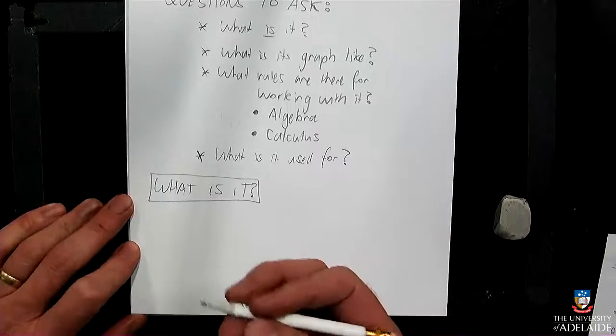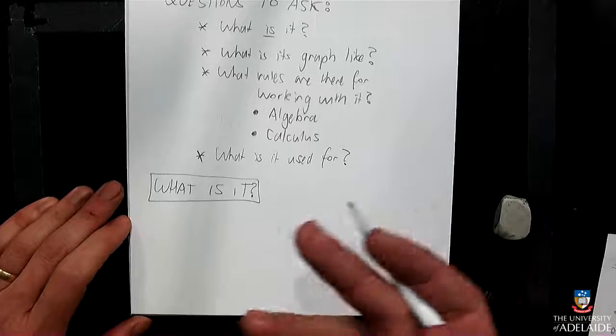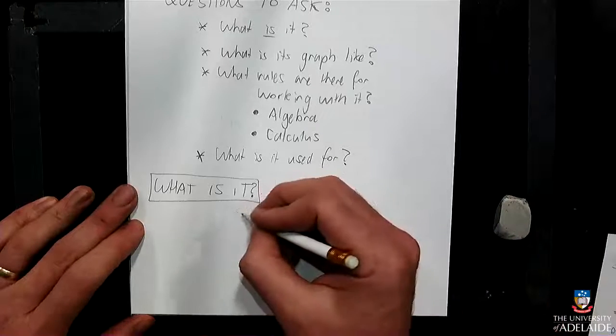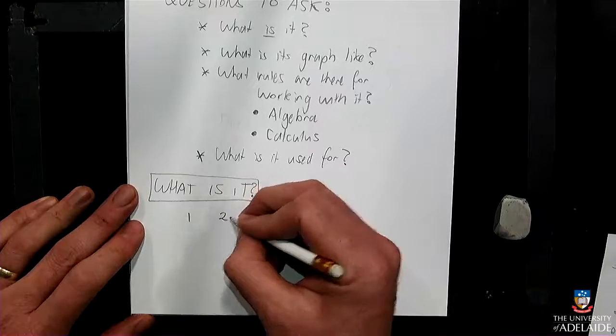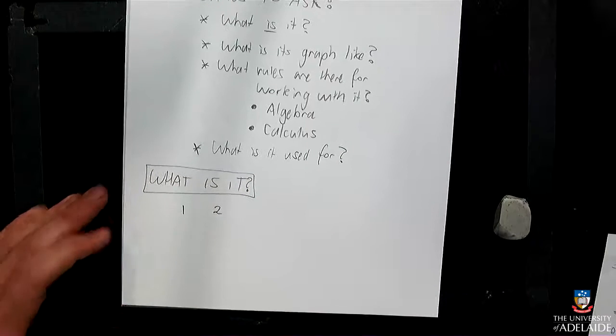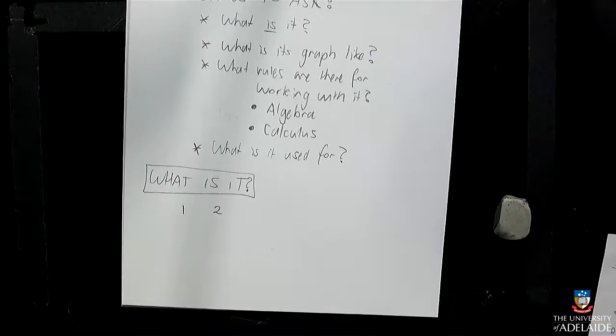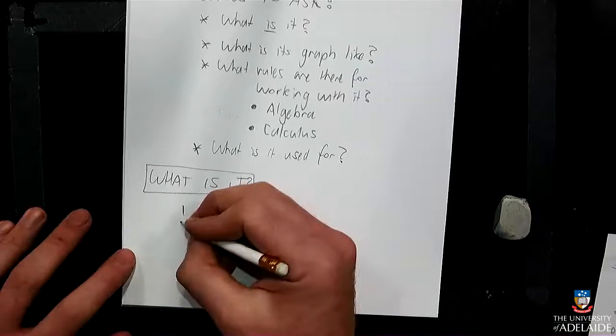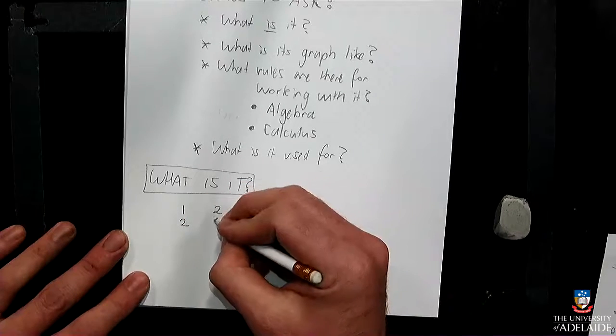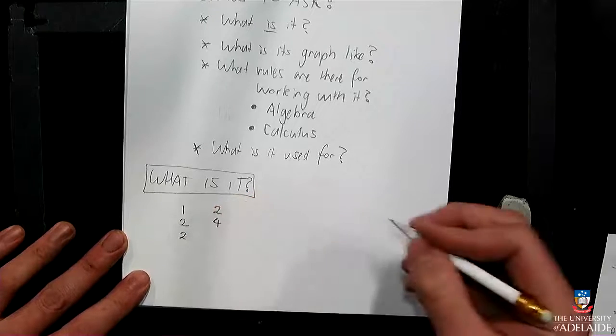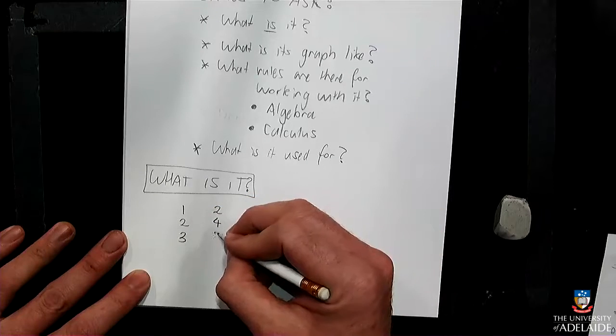So what if I started with, say, I don't know, 2? And then I kept multiplying by 2 over and over. So the third time I'll multiply by 2 again.